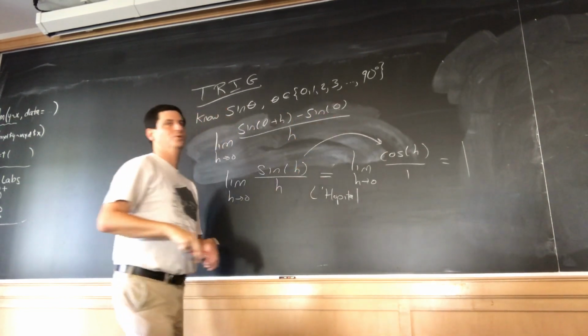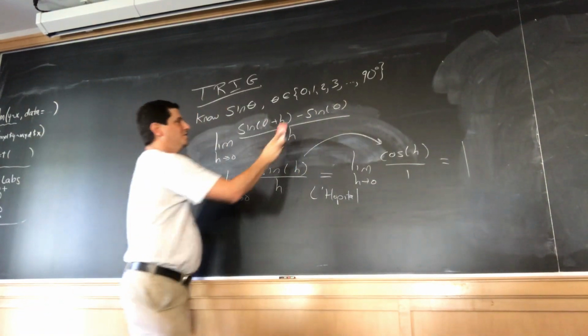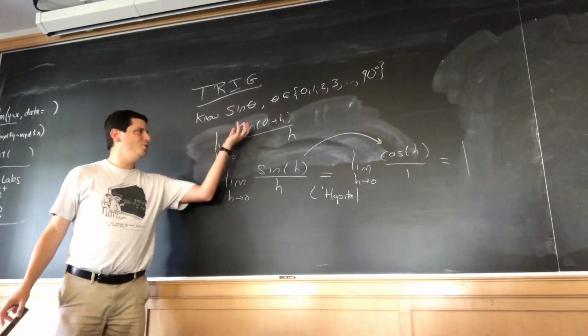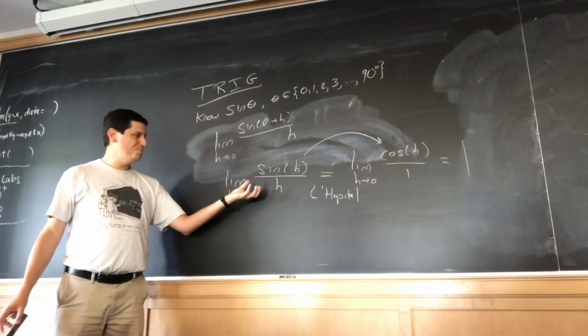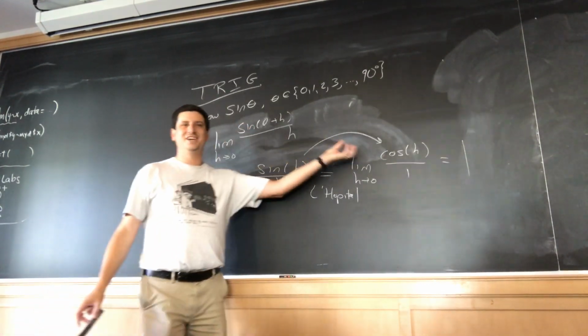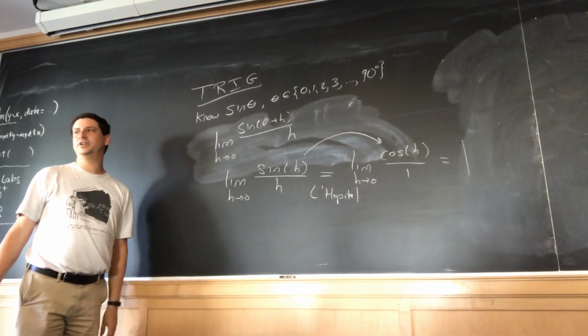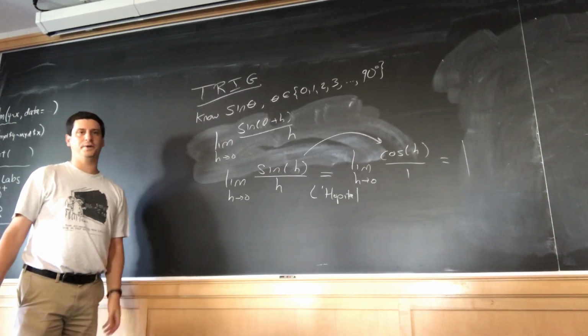What's the sine of 0? So to know that the derivative of sine is cosine, you have to compute this limit. So to compute this limit, you're saying, well, the derivative of sine is cosine. We don't know that yet. You can't use L'Hopital here. You have to go through the long way.